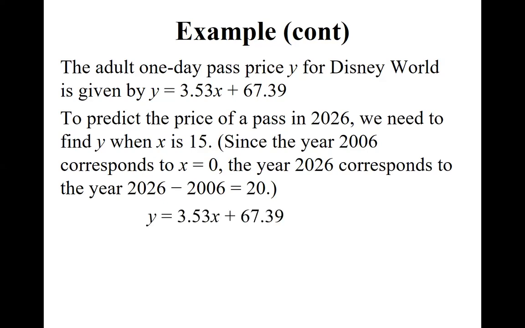And when we plug 20 in for x and simplify, taking 3.53 times 20 and then adding 67.39, we get 137.99. So the adult one-day pass price in the year 2026 can be predicted to be $137.99.